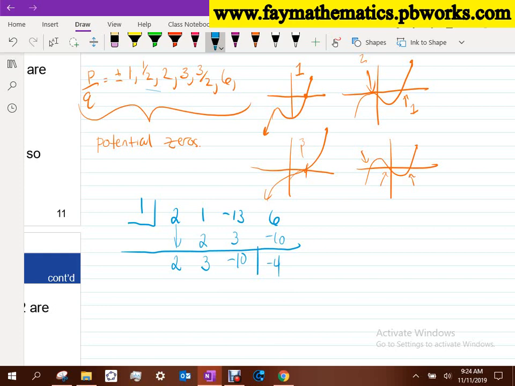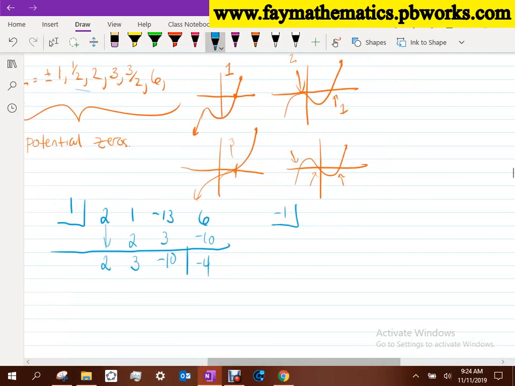So then you've got to start over here to the side and go -1. Write down all of this again. 2, 1, -13, 6. And try again. Okay? You might start consuming some paper by doing this. Just go back off of what we said. There's going to be 3 zeros, right?